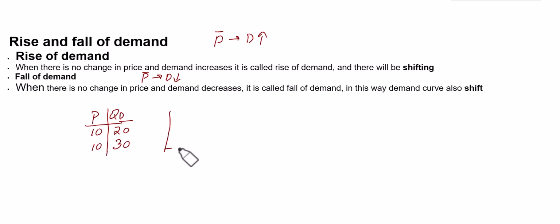In this case there will be shifting of the demand curve and we have two demand curves. The first demand curve is D1 and the second demand curve is D2. So at price 10 we have demand of 20, and again at price 10 we have demand of 30. So the price is same but the demand increases from 20 to 30.